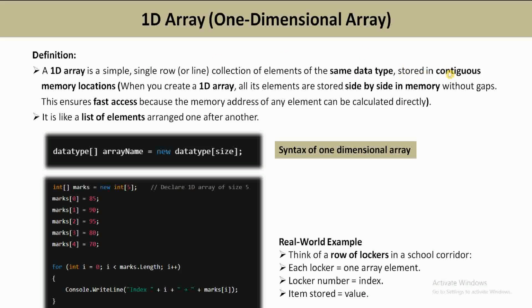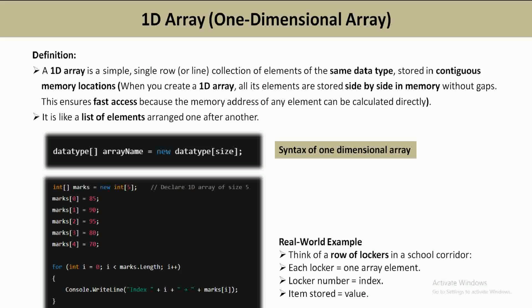And it stores the data in contiguous memory locations. So what is this? When you create a 1D array, all its elements are stored side by side in memory without gaps. This ensures fast access because the memory address of any element can be calculated directly. So these are the memory locations.